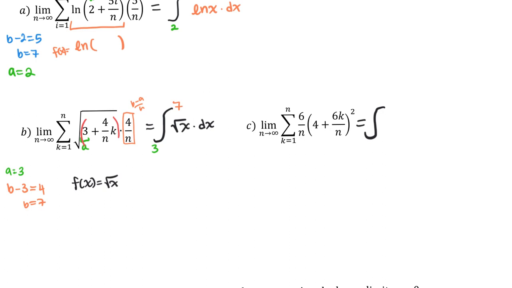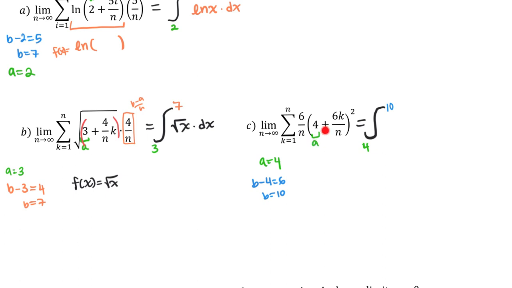So one way to look at this is to say maybe this is a. Okay, let me see, a is 4, so let me put a 4 here. Let's see, this must be b minus a over n, so b minus a has to equal 6, so b is 10. And then let me look at this. So b minus a is 6 over n.